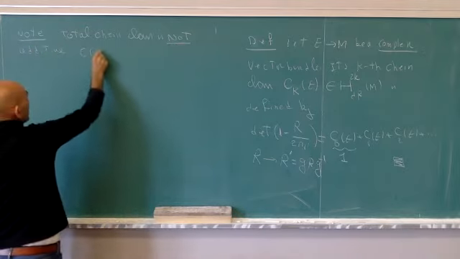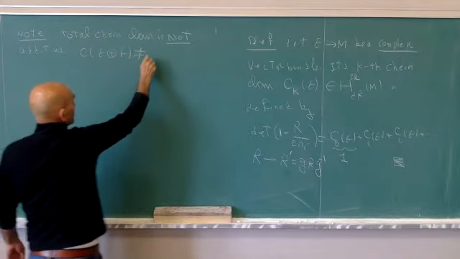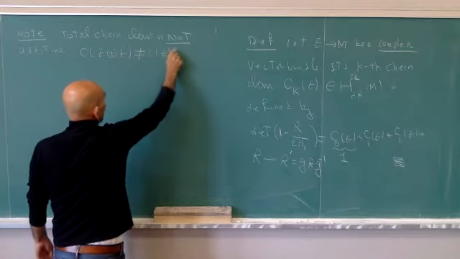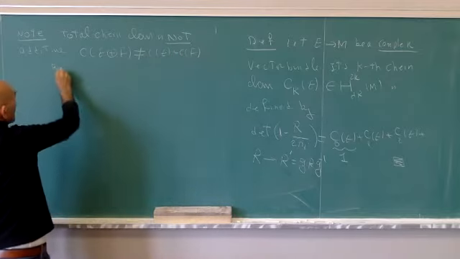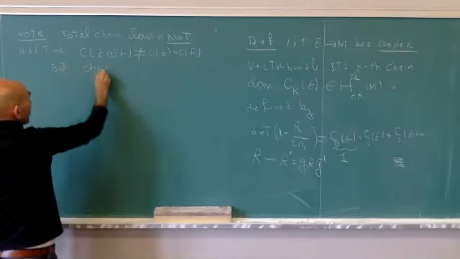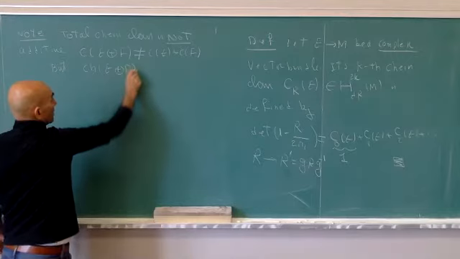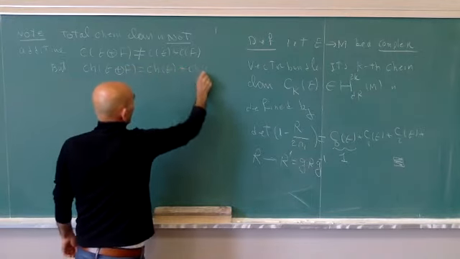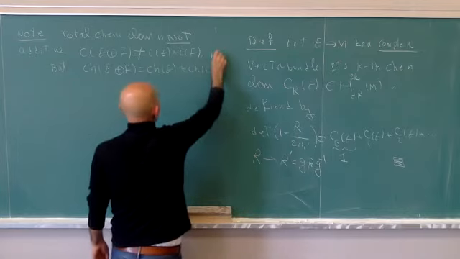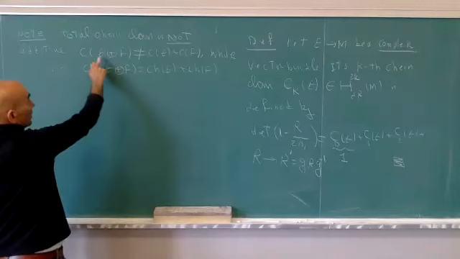In other words, C of E direct sum F is different from C of E plus C of F. Remember, for the Chern character, we had additivity, right? Why? This was the case, but this is not the case.